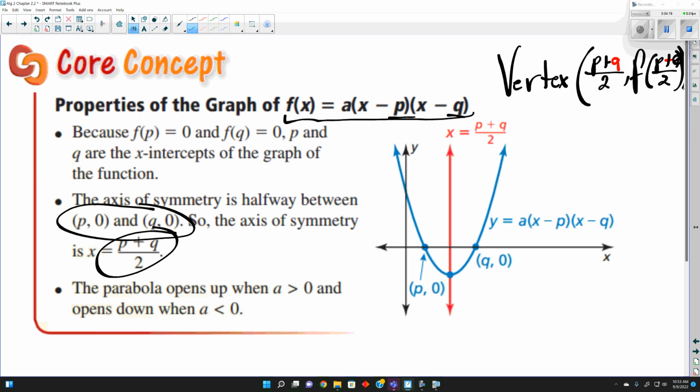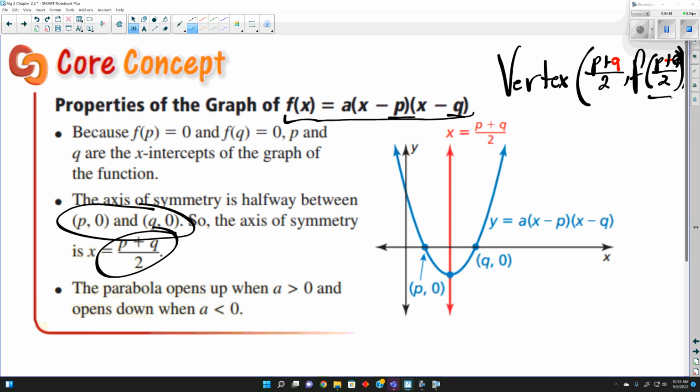Thank you. Yep. Guys. F of P plus Q over 2. Long edge or short edge? Long edge. Which printer is this going to? The one it's selected to. So it'll go to Tiffany.